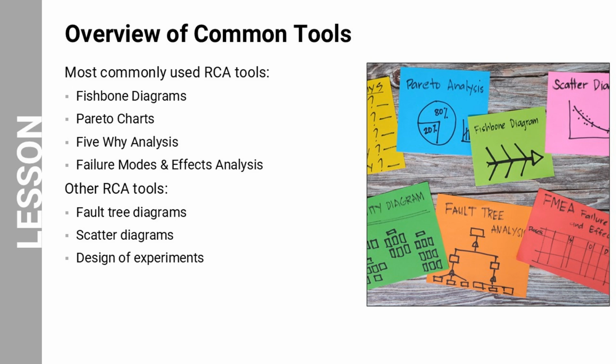Fault tree diagrams, FTD, map out cause and effect relationships in complex systems, and scatter diagrams help identify correlations between variables. Finally, the design of experiment, DOE, allows for the experimentation of variables to understand their effects on processes. These tools can be used individually or together to identify and solve problems effectively.